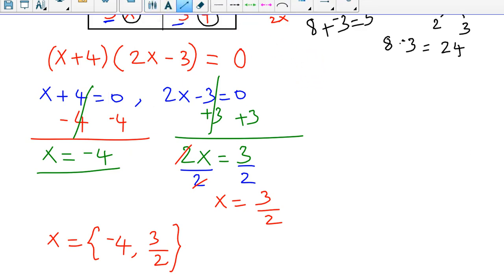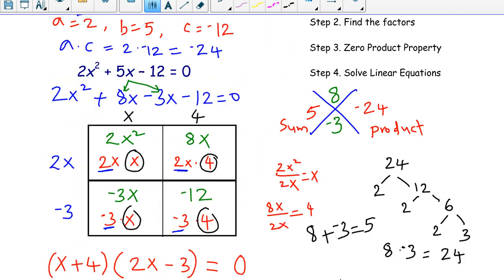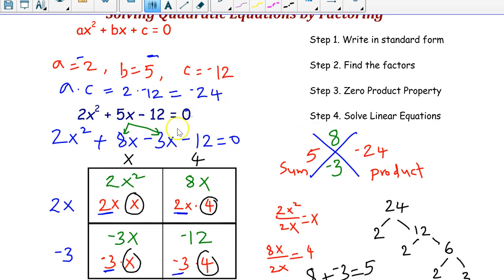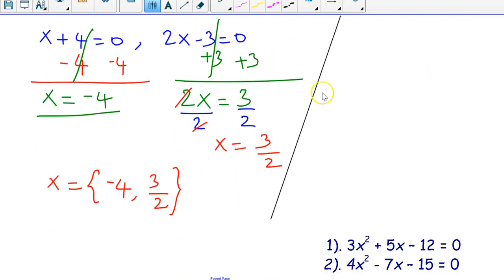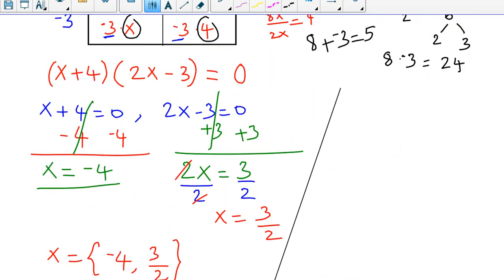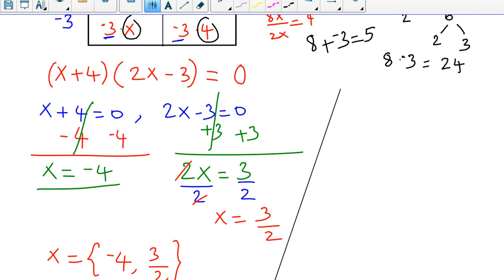How do you do that? I'll show you here. Our given equation is 2x square plus 5x minus 12 is equal to 0.